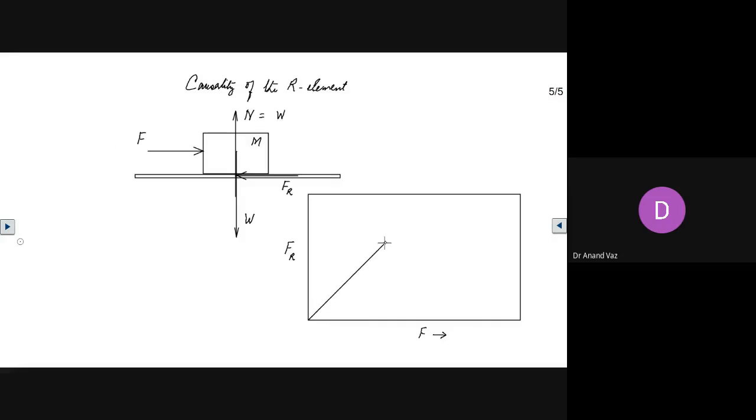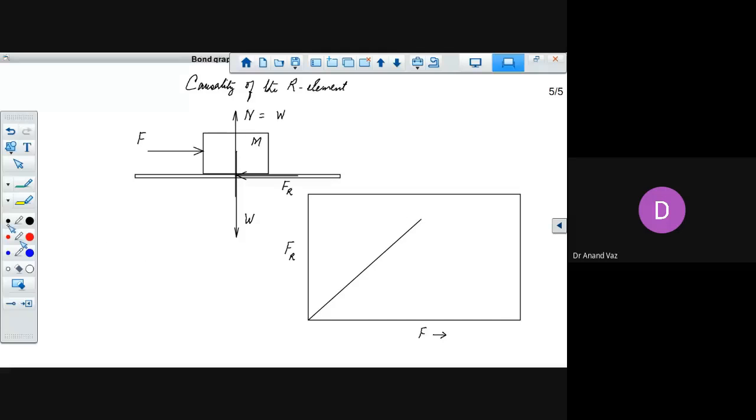From here, it's like a 45-degree line, because FR is going to be equal to F till a particular point here. Now, this point is the point of impending motion. This is where motion is just going to start.